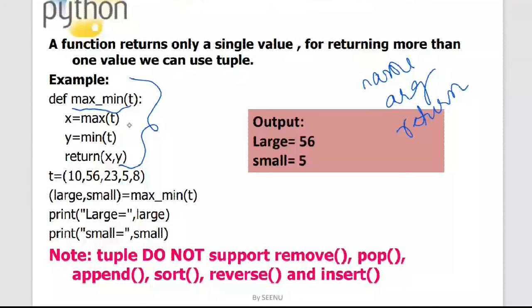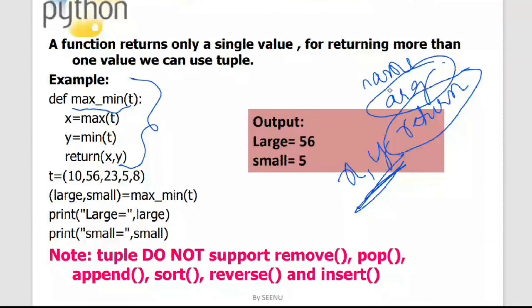Now consider the argument. Here the argument is taking variable length of elements. It doesn't know how many elements it is taking. That's the reason we are passing a tuple over here, 10 comma 50 comma and so on.